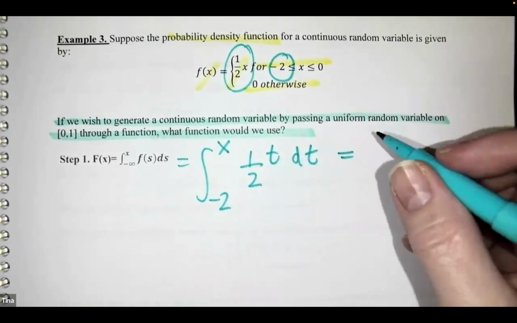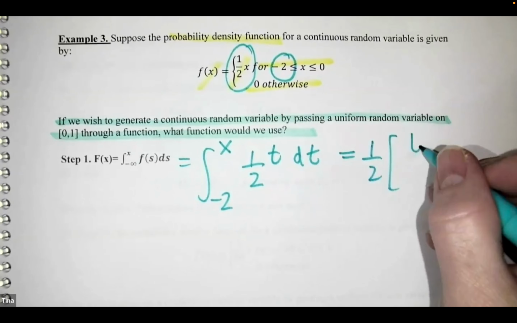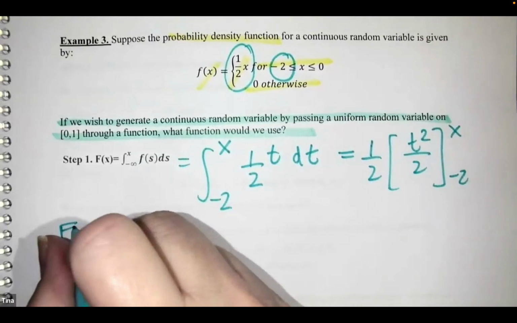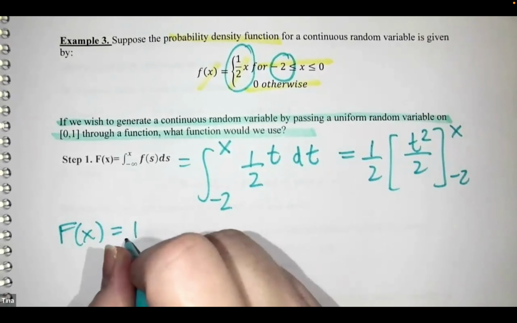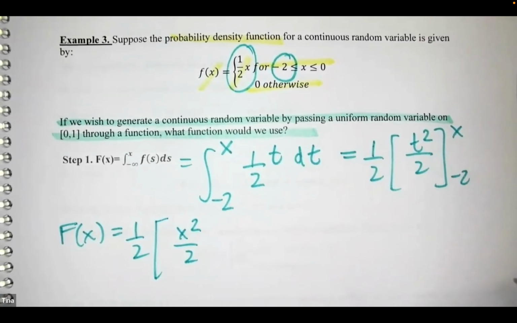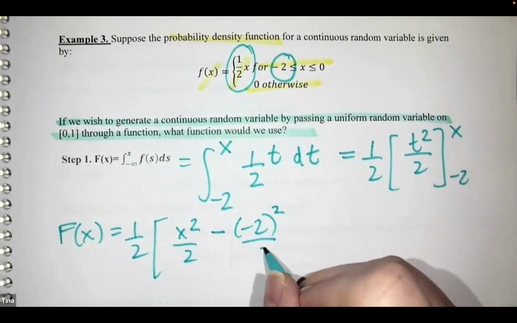So integrate a half t, or throw the half out in front, integrate t squared over 2 from -2 to x. So top number subbed in, which is x, so x squared over 2, minus bottom number subbed in for all the x's, so -2 squared over 2.